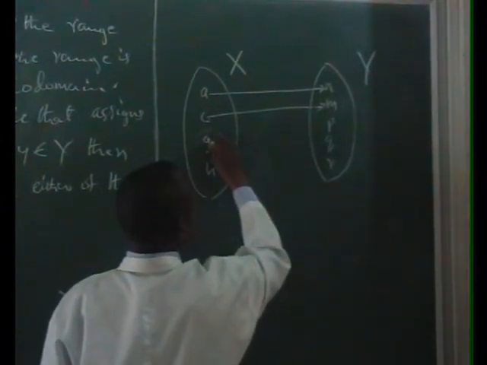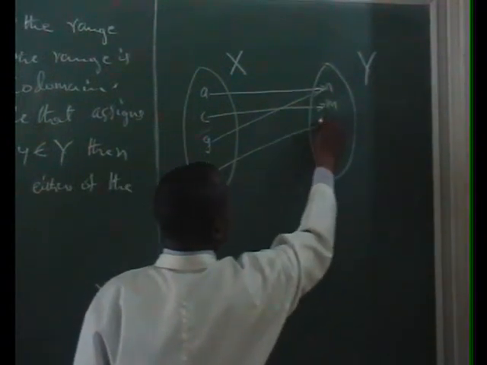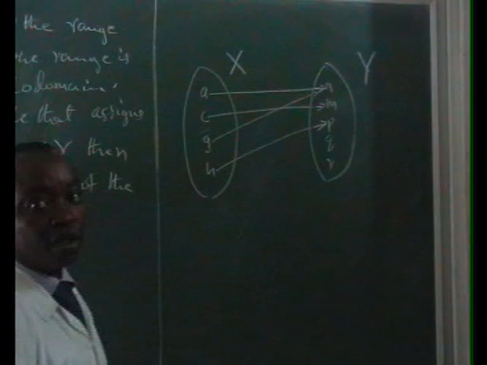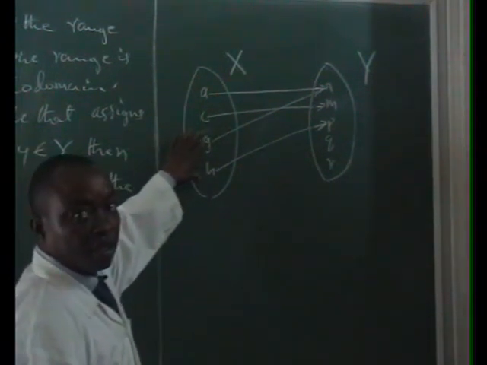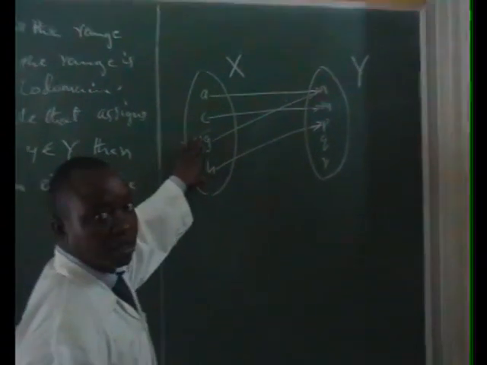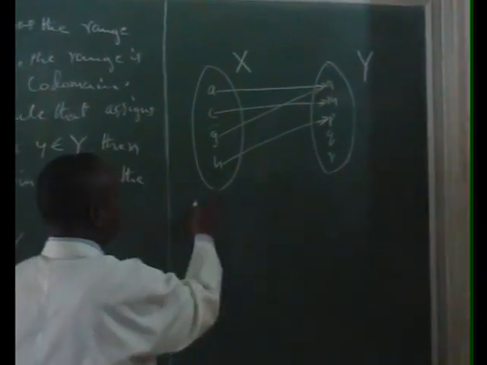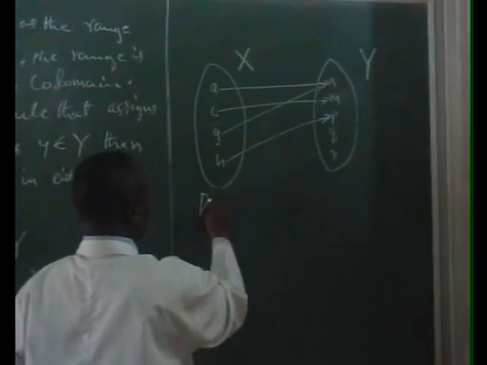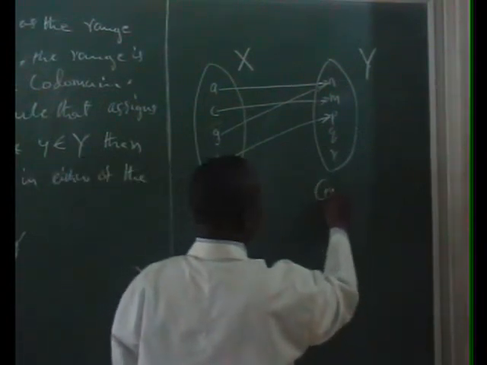Such a rule is what we call mapping, a rule that assigns elements of set X to set Y. And then we say that this particular set is called the domain, and this is the codomain.